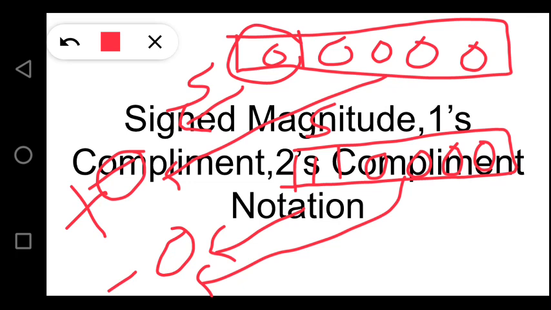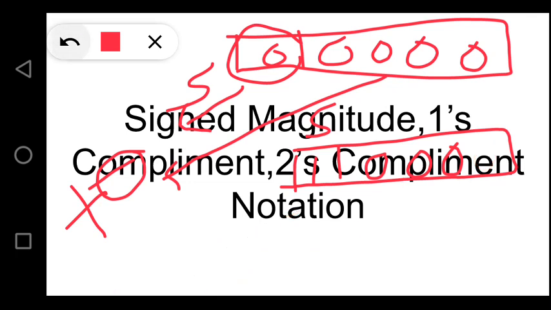It can lead to uncertain results when we do arithmetic operations, or when the computer performs arithmetic operations. Remember, a computer is a machine. It should not have any ambiguity. Everything should be unambiguous, clear, or certain. So this is the biggest disadvantage of signed magnitude representation.